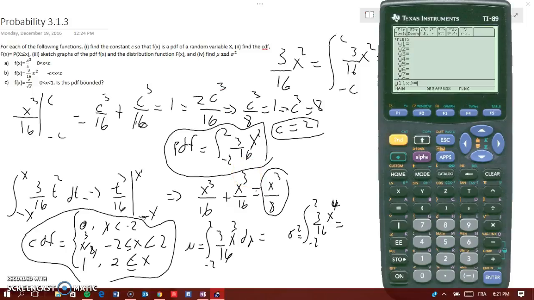We know that equals 0.1875, times x squared, that means x to the power of 2. Okay, enter, and let's just graph this, and that's how it would be.